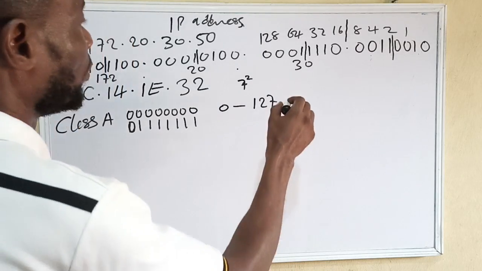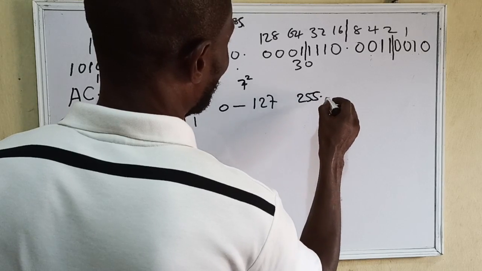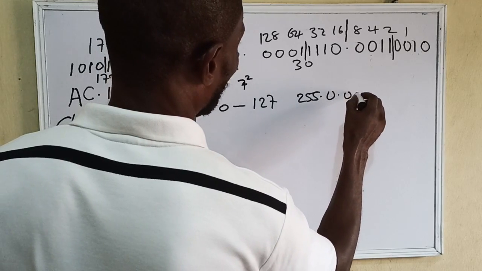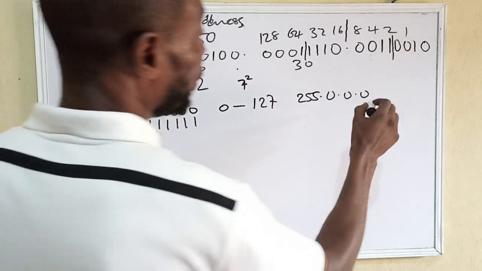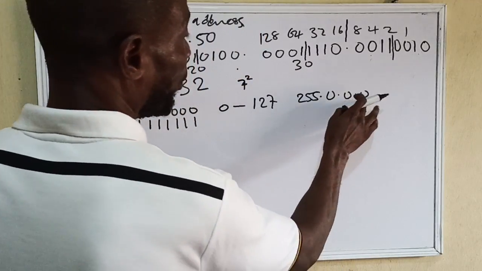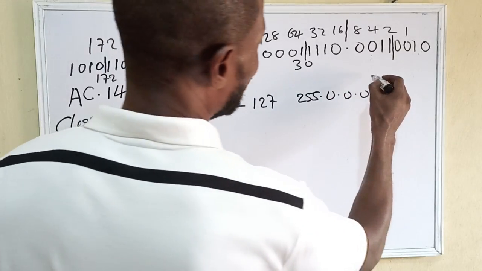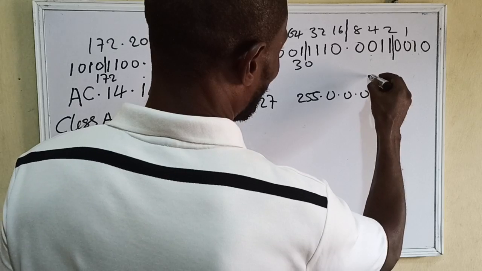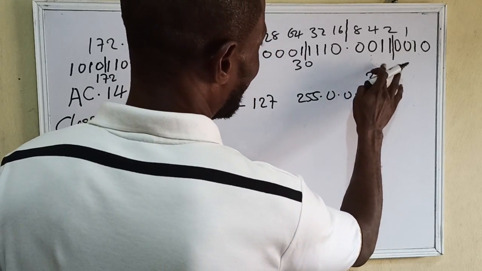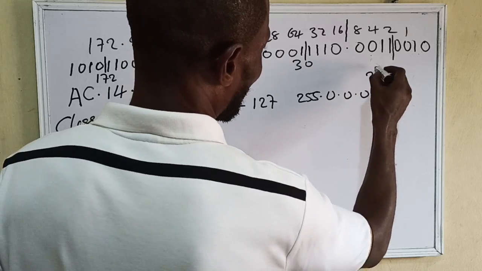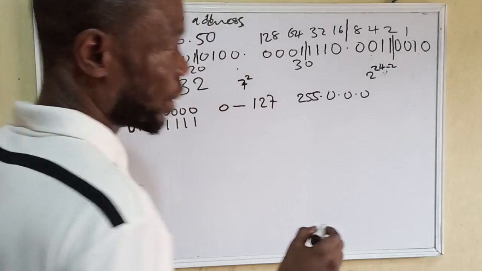Okay? Now, the network portion of class A is like this, while the host portion is 24 bit. Okay? 24 bit, which is where you get your valid host IP addresses, which means 2 power 24, sorry, because 8 bits times 3, that is 24, minus 2, okay?